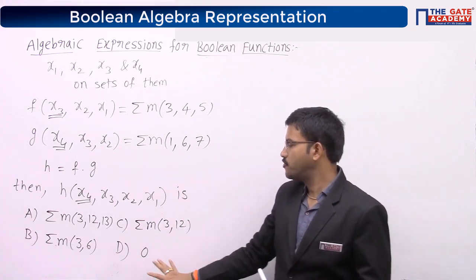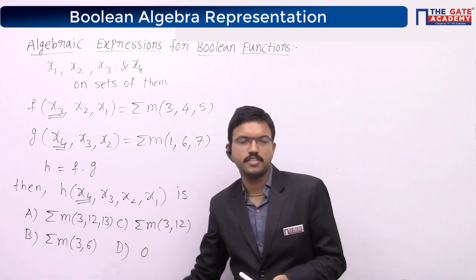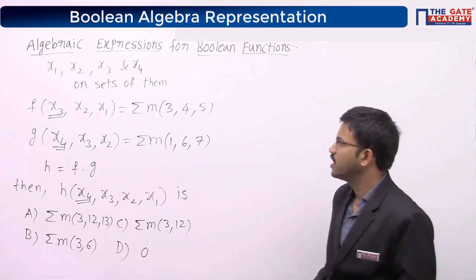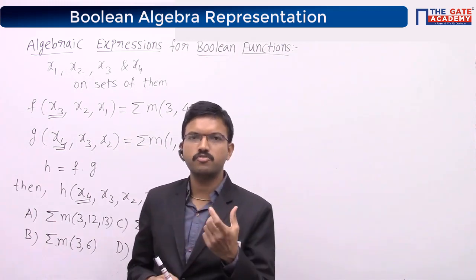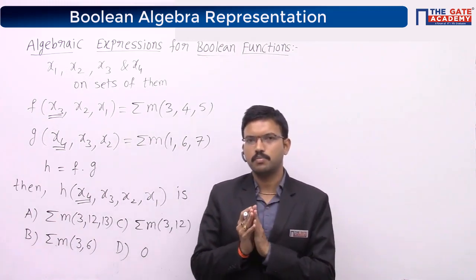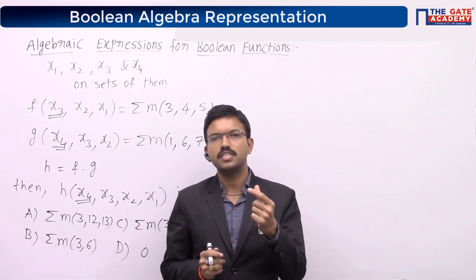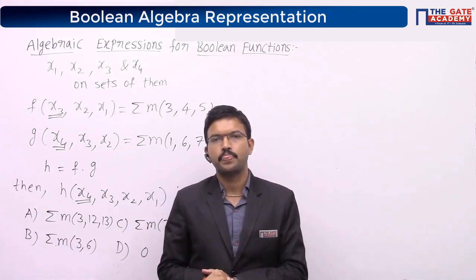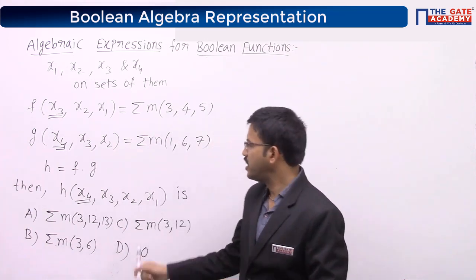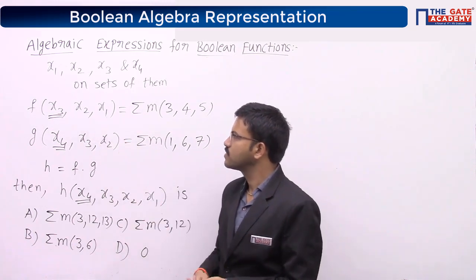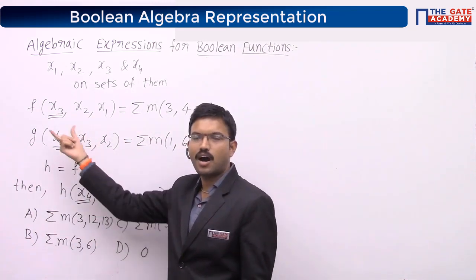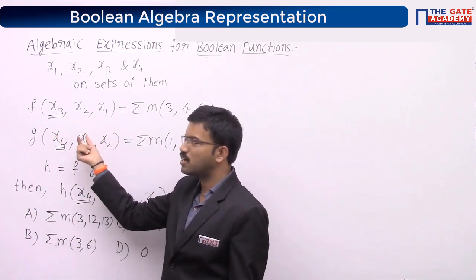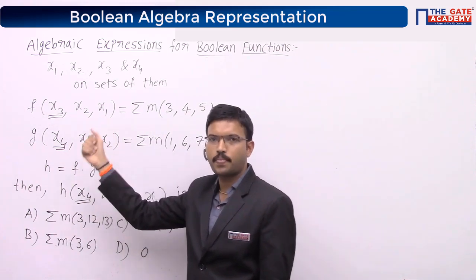In this case, we won't get 0 as the answer. Let us see. Whatever properties of minterms we have given, all those properties are valid only when you consider the variables as the same. But here, the variables are changing, and for each function we are also changing the order of the variables.